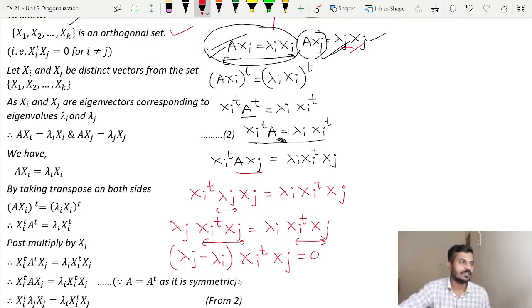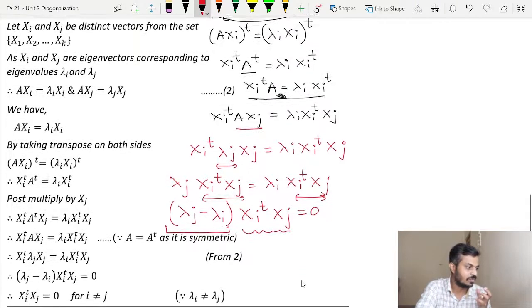Now how to move ahead? We have arrived at xi transpose xj, and we have to show that the value of this is equal to 0. What is the reason for that? As I told you earlier, all the eigenvalues are distinct. Since lambda i is not equal to lambda j, we can divide this entire equation by lambda j minus lambda i, and thus we will get xi transpose xj equal to 0, and therefore xi and xj are orthogonal.